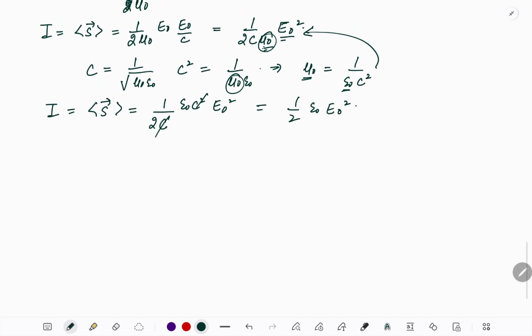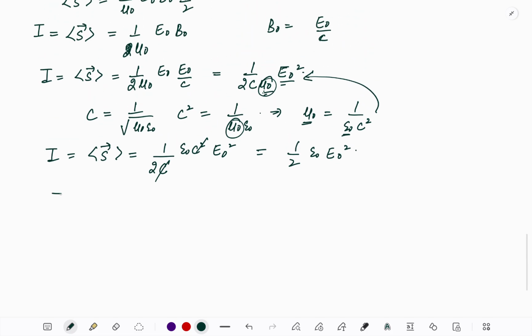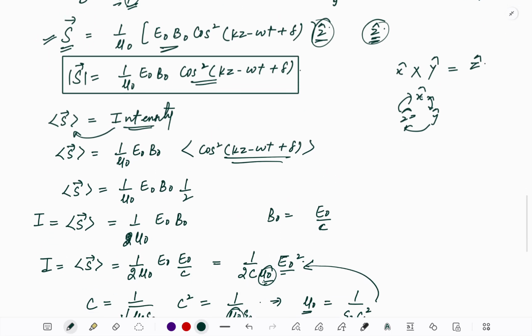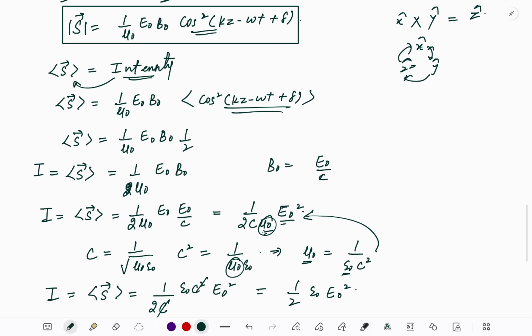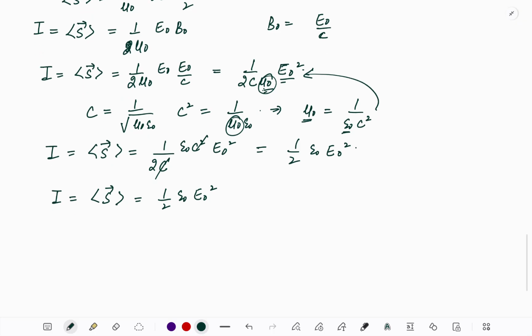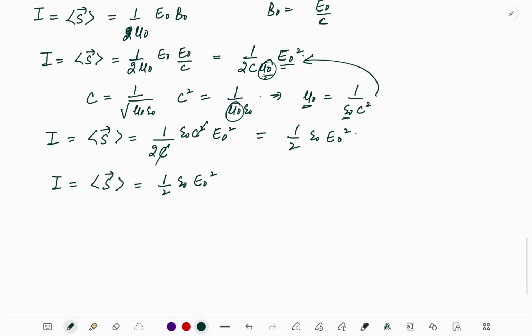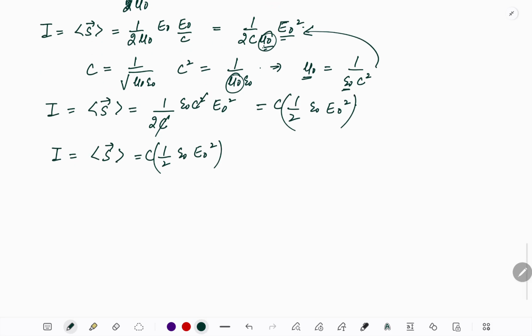That is why I told you it would be connected to that thing. So c is there.